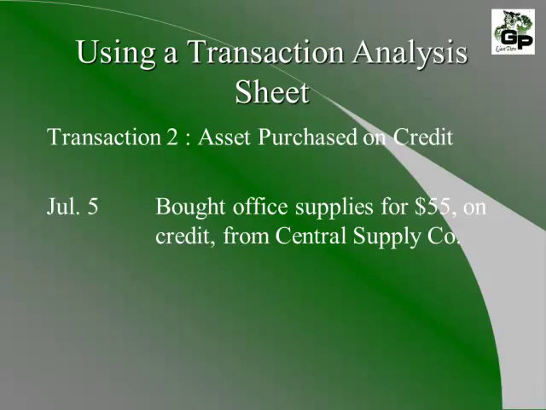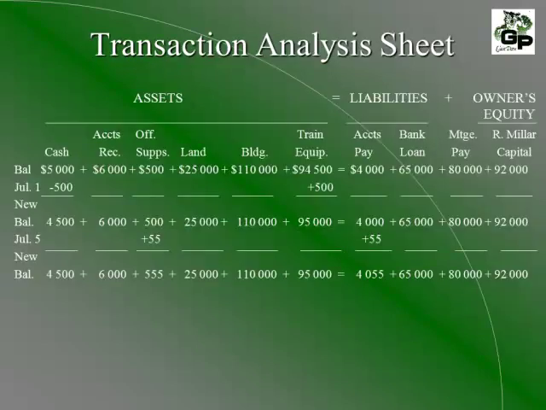Then we talk about transaction number 2. On July the 5th, office supplies were bought for $55 on credit. This is very important to know, that when you buy something on credit, you are not using cash. And they were purchased from Central Supply Company. These two transactions are listed in the appropriate accounts. Which two accounts are affected? Right here we have office supplies going up by $55, and because they didn't pay with cash, the accounts payable goes up by $55.